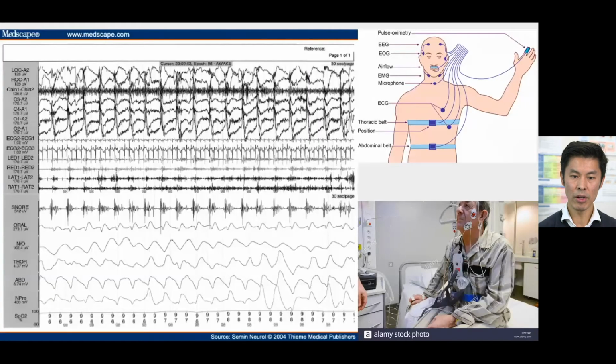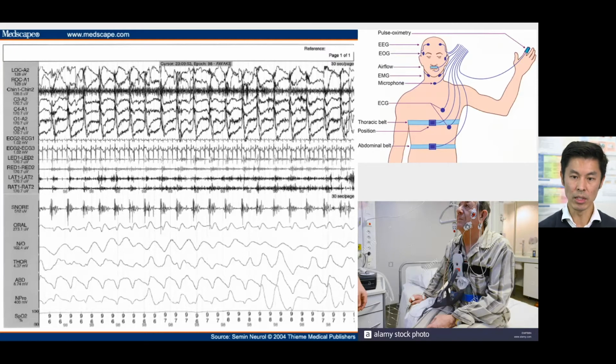This is a typical graph showing a 30-second epoch on the left and the channels that are being recorded and displayed for analysis. And the setup of the patient you can see is on the bottom right, and on the top right, a schematic demonstrating the minimum channels that usually will be recorded.